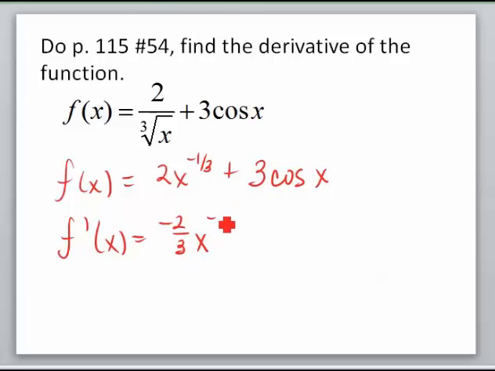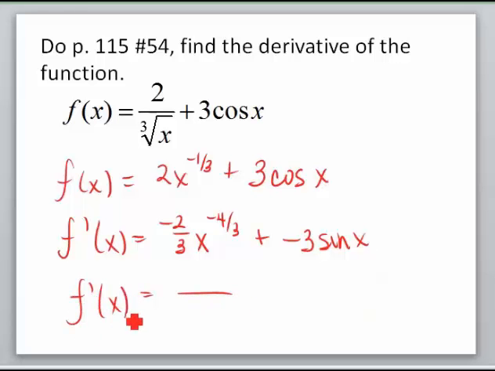X, lower it by 1, gives me a negative 4/3. Plus the derivative of cosine x again is negative sine, so I'm going to say negative 3 sine x because we just carry along the constant. The only thing else I may want to do is rewrite this. So I've got negative 2/3, the cube root of x to the 4th, minus 3 sine x.